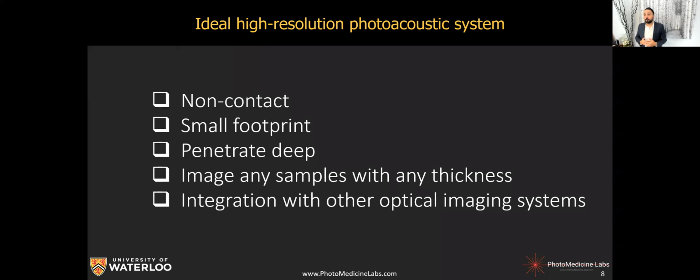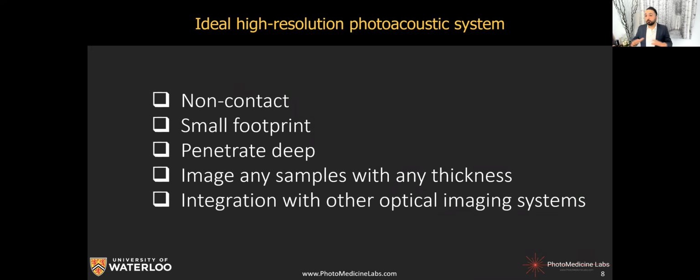In microscopy, usually the penetration depth is limited because the focus is on high resolution imaging. So it's always ideal if we can keep those high resolution capabilities but push the boundaries of our penetration depth.